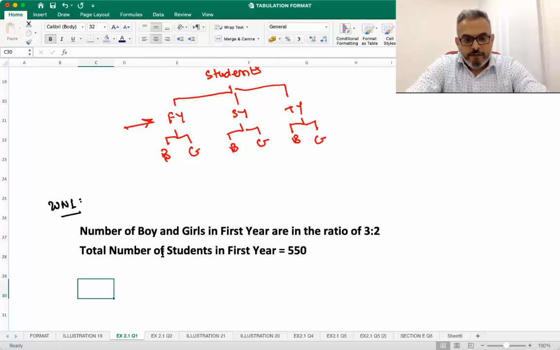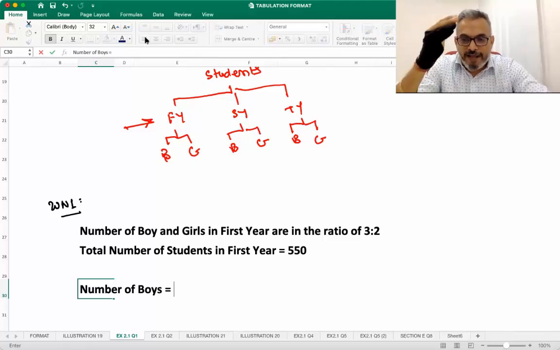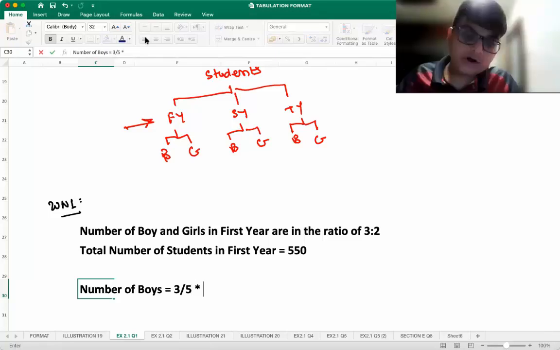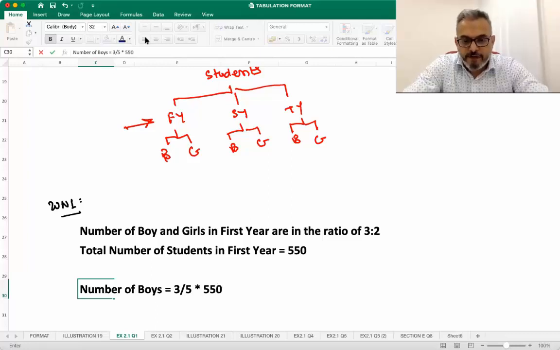So number of boys is equal to, now 3 is to 2, what? 3 divided by 3 plus 2, that is 5. 3 divided by 5 into 550, which is equal to 330.